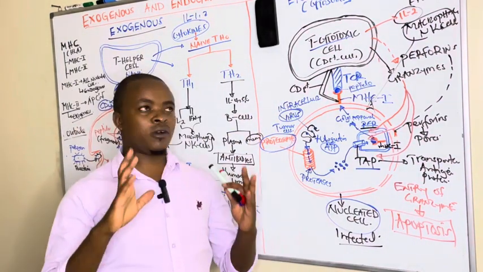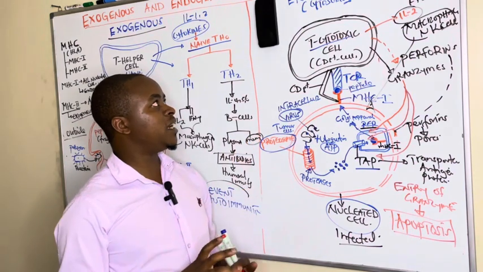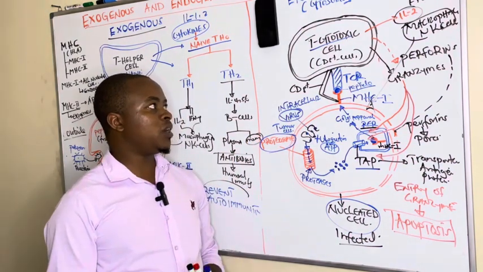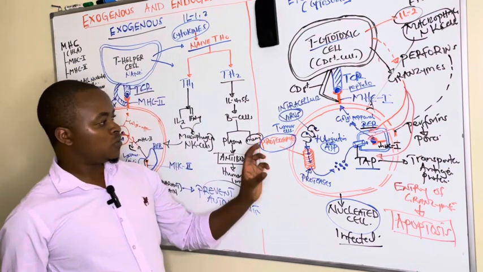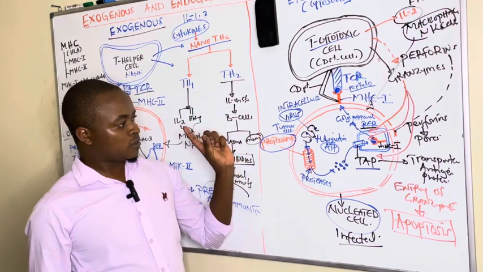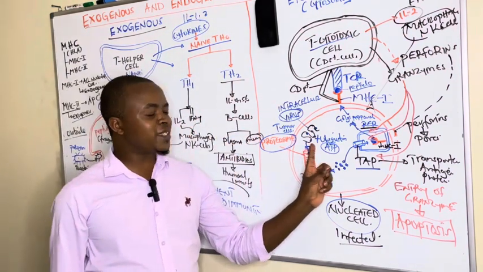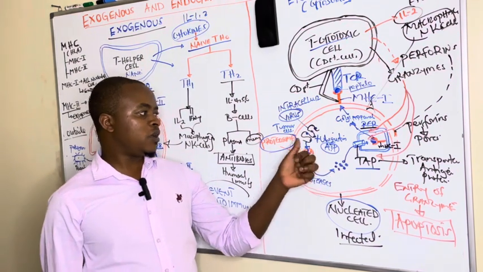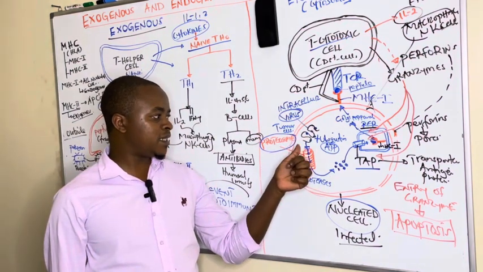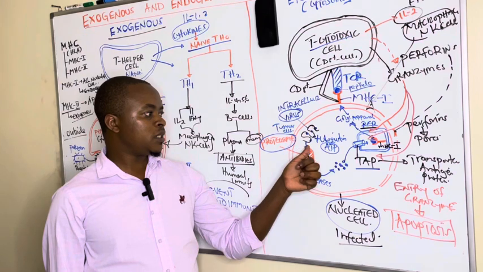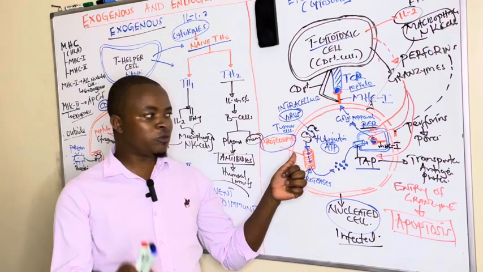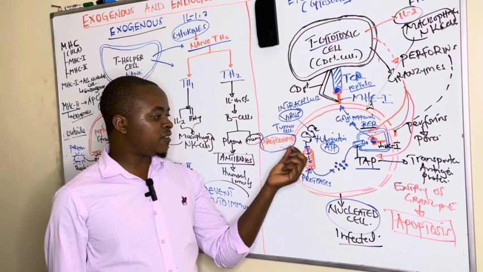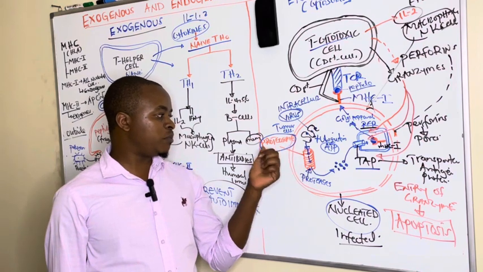So this is what occurs under the endogenous, or cytosolic, pathway, where we have looked at how it involves the breakage of the intracellular virus or tumor within the cell. When the virus is detected by the immune system, it activates the protein known as ubiquitin, which in the presence of ATP activates proteases within the proteasome.